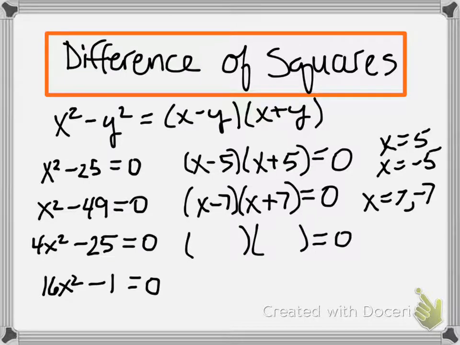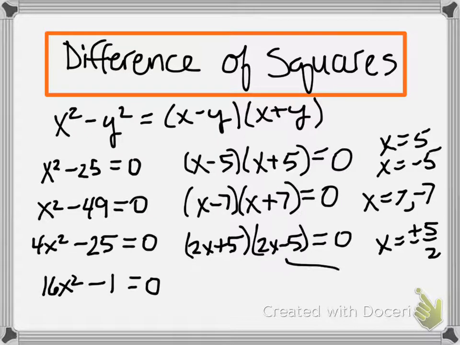Next one, the square root of 4x squared is 2x, so the first quantity is going to be 2x. Square root of 25 is 5. And then you just make one of these positive and one negative. So the answer to this one, x would have to be plus or minus 5 halves.